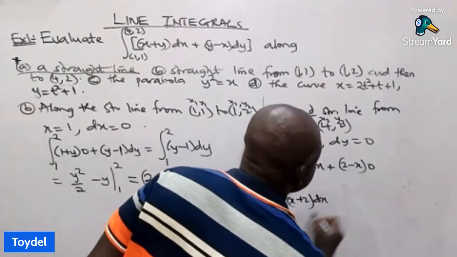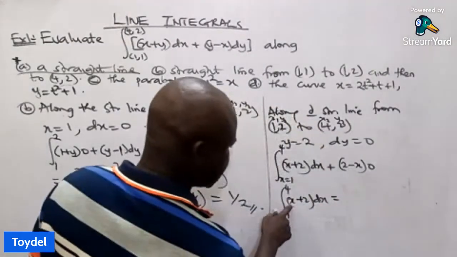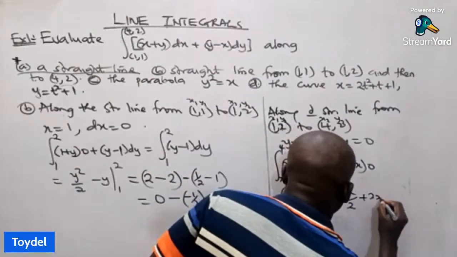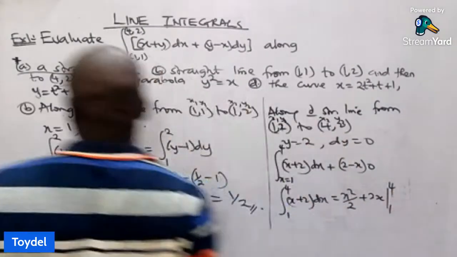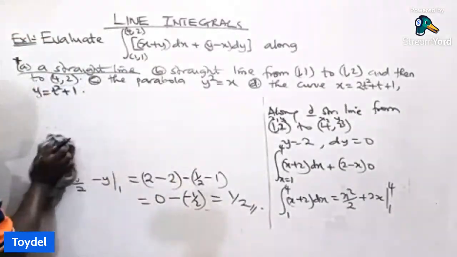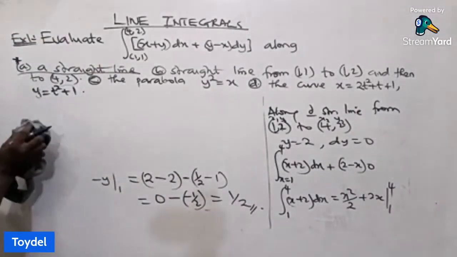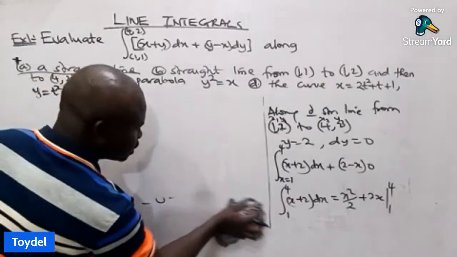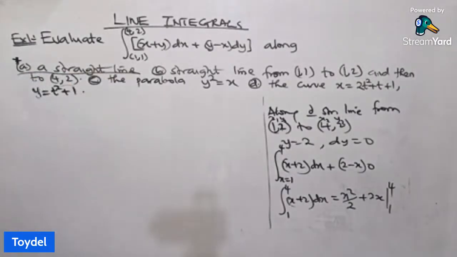If I integrate this, I'm going to have x squared over 2 plus 2x from 1 to 4. Please note that the value from (1,1) to (1,2) is half, because we are going to need everything at the end of the day.